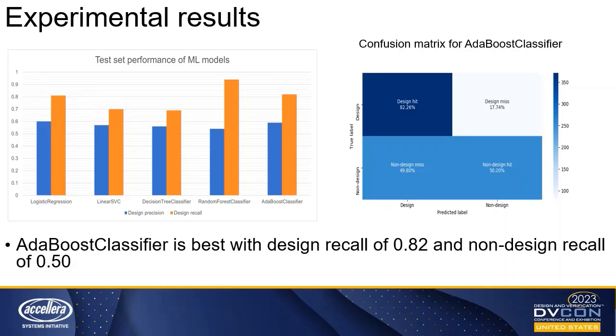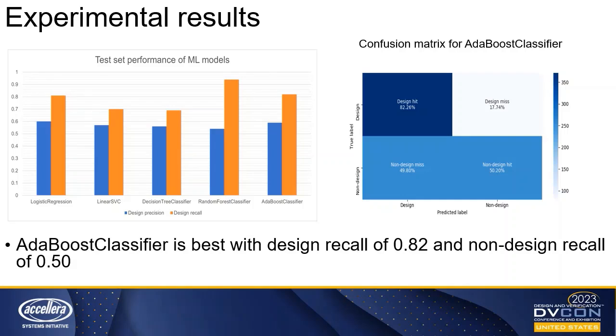Now, the figure on the right shows the confusion matrix for the best machine learning model, which is the AdaBoost classifier. The x-axis shows the predicted label, and the y-axis shows the true label, which is either design or non-design.